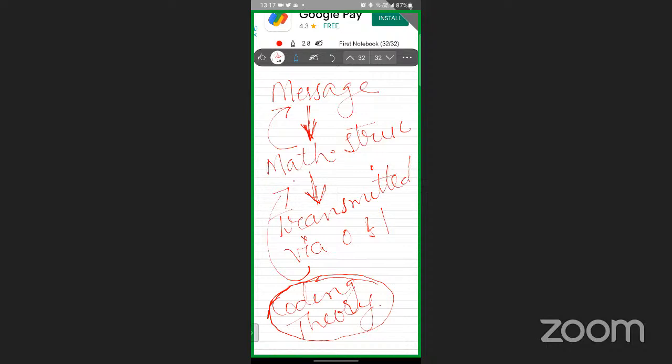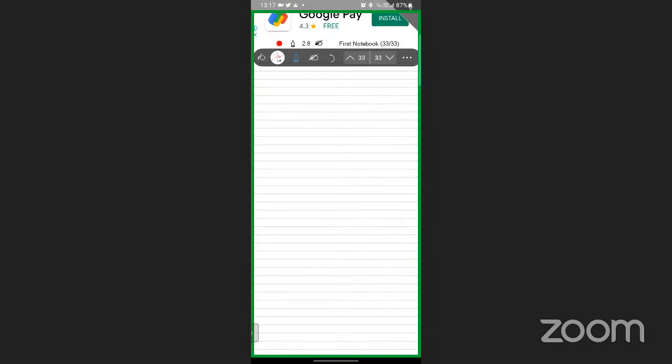Why? Because codes are easy to transmit. Okay, you might say, what's the problem transmitting this message as it is, A, B, C, D? Suppose there is an error while transmitting.